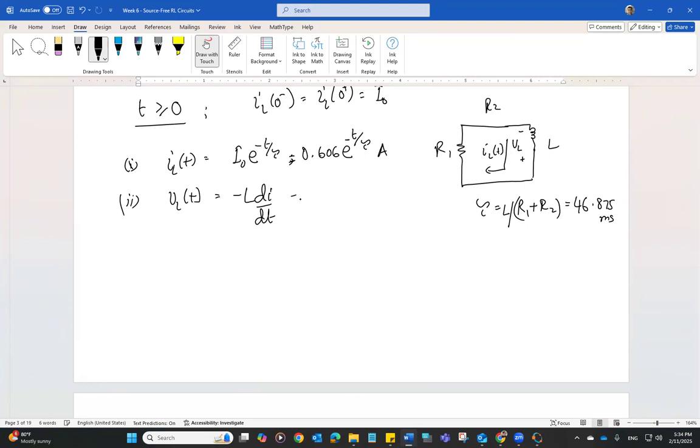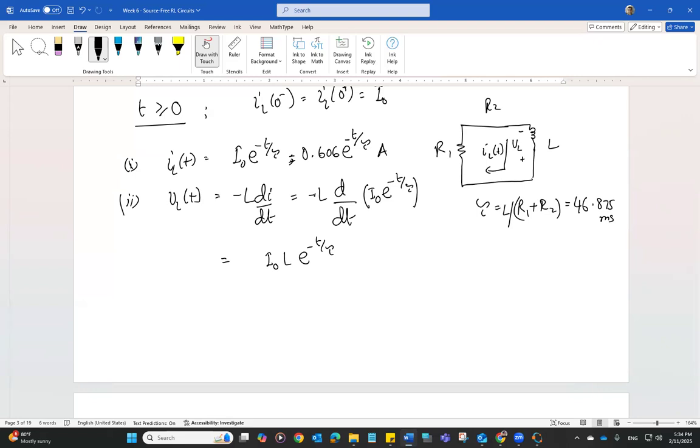So in this case, we have negative L d over dt of I naught e to the power negative t over tau, and that is going to be I naught times L times e to the power negative t over tau, and then the derivative of e to the power negative t over tau is negative 1 over tau.